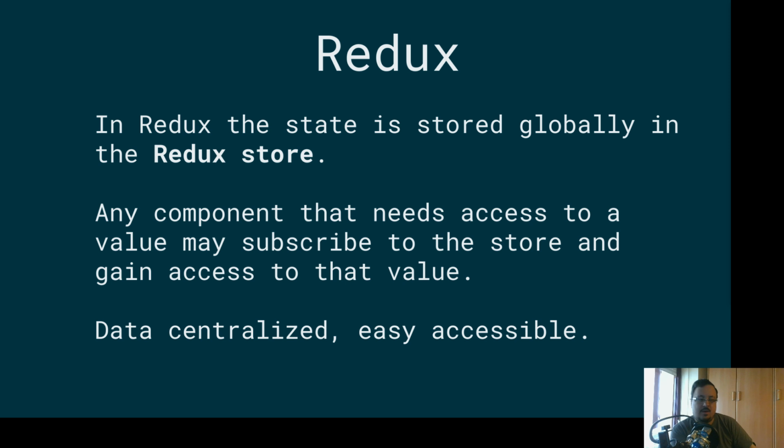So we have a common box for saving it, and every time a component needs to access the store, it needs to be subscribed to the store, to the changes, to be updated every time the state changes. So our whole application is synchronized to this unique state place, and in this way we have the data centralized and more accessible.